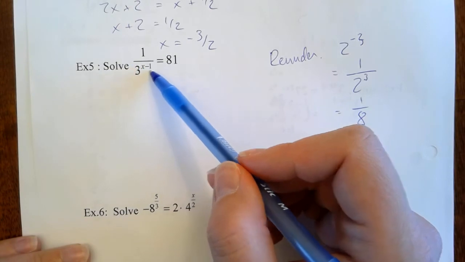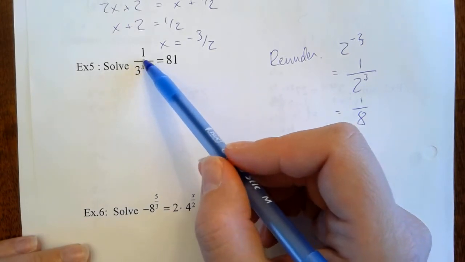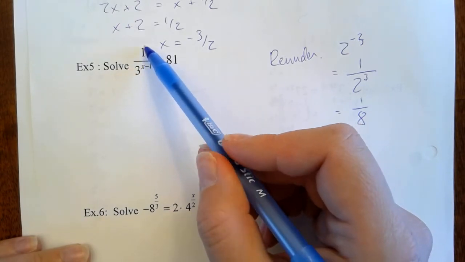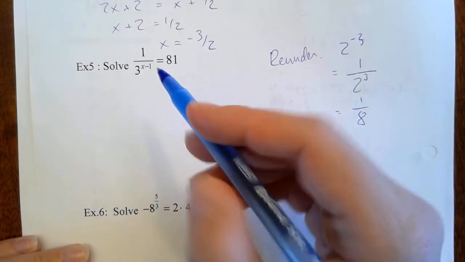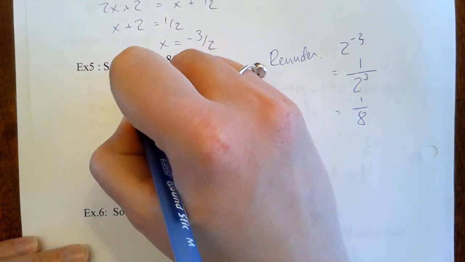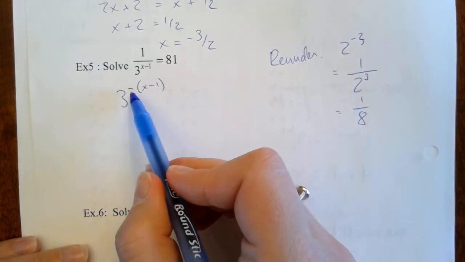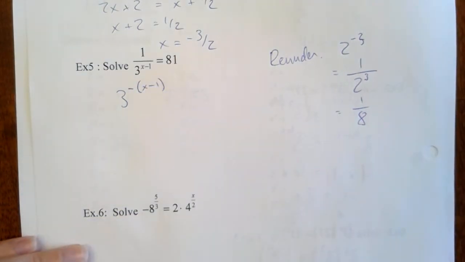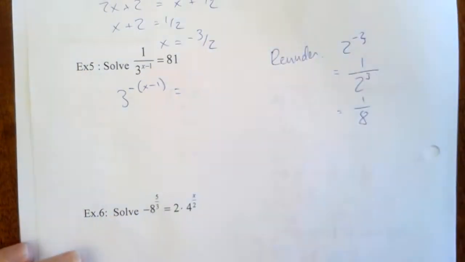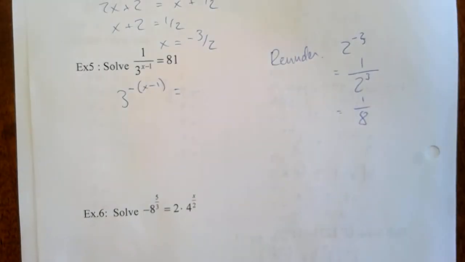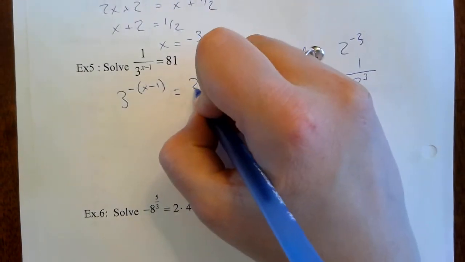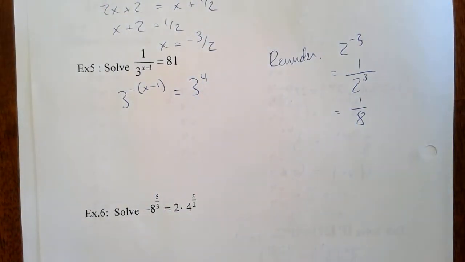So if the exponent here is kind of positive, to make it not 1 over 3, we could say that this is 3 to the negative x minus 1, where we have to make each part negative. Okay, and then 3 to the what is 81? Let's see, I can't remember. Sometimes I use my fingers to count it out, but you know, that's not that effective. 3 to the 4.